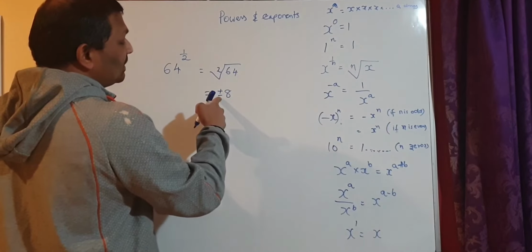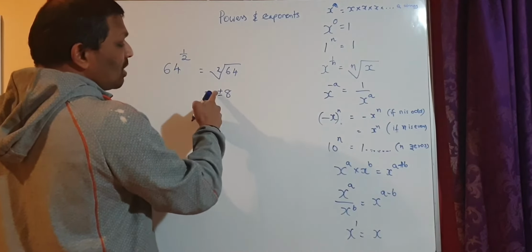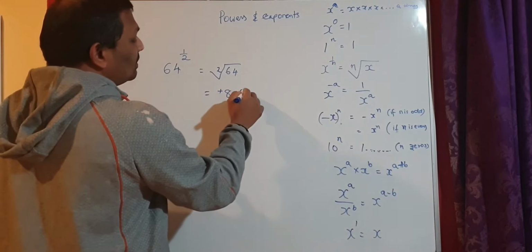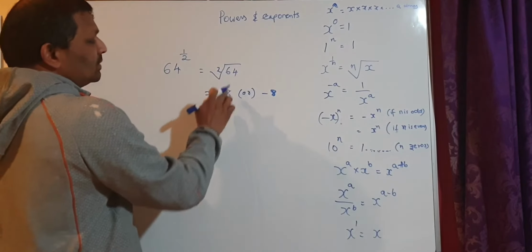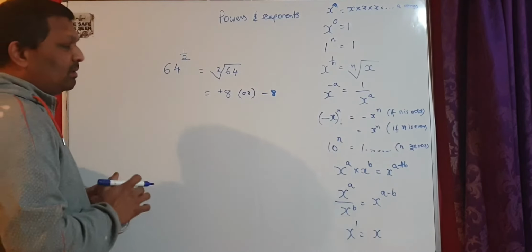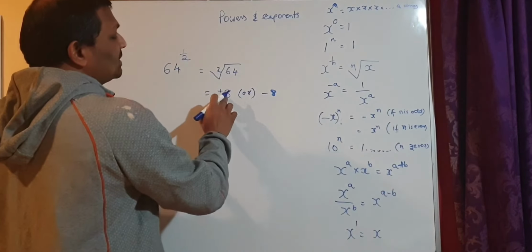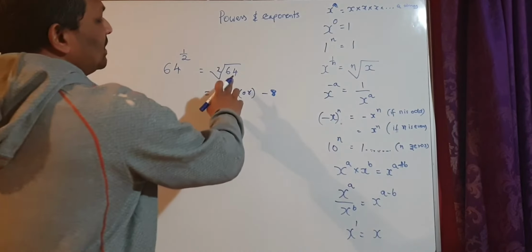Even if you multiply minus 8 by itself, you get 64. It's not both together, but either plus 8 or minus 8. Both answers are correct.